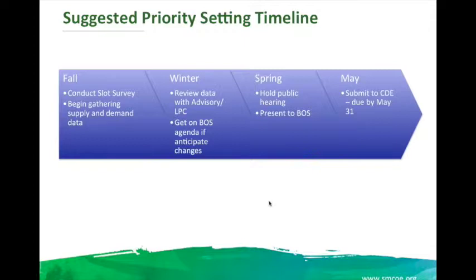Or you submit to them that you're going to wait and let the existing priorities stand and move to the next year. If right now you are saying, well, gosh, I only have priorities submitted for CSPP and CCTR together, I would just tell them that your infant, toddler, and school-aged priorities are the same at this point.